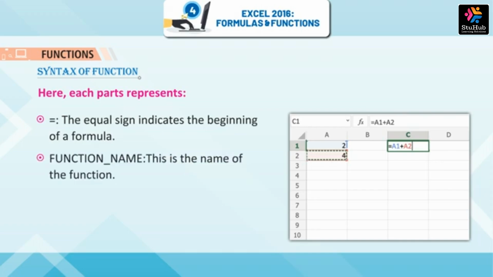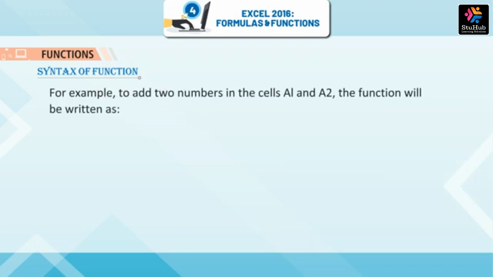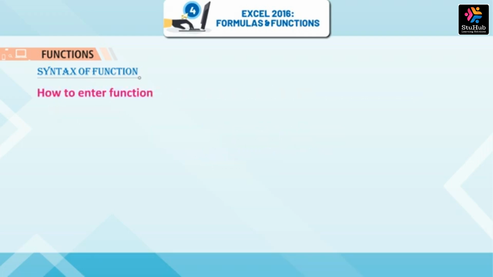Function_name is the name of the function. Argument 1, argument 2, these are the input values that the function will use to perform its operations. For example, to add two numbers in the cells A1 and A2, the function will be written as equals SUM(A1, A2).